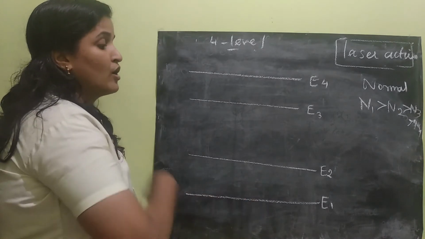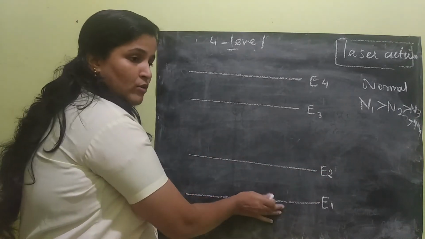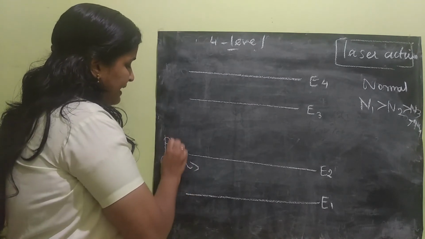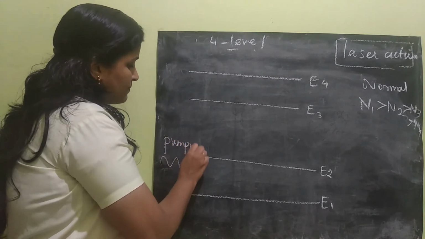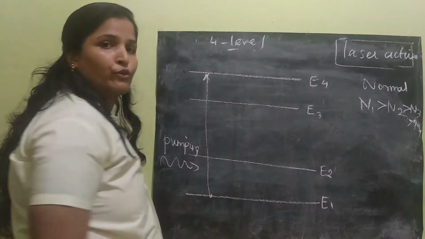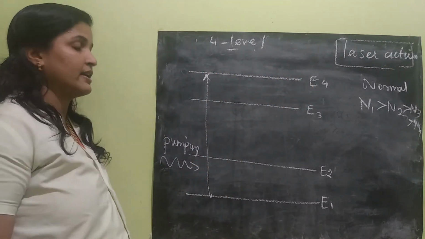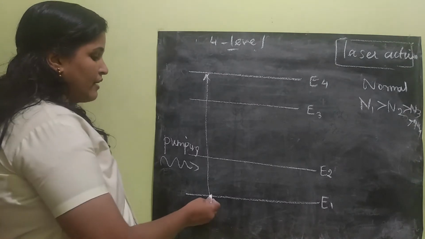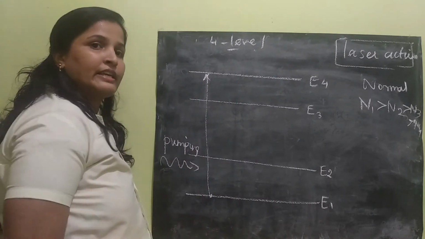Most of the electrons are in the ground state, and when we apply a pumping source, or pumping light, all the electrons will get excited to E4 first. Okay, so it is a very normal concept. So everything will move to the excited state E4.